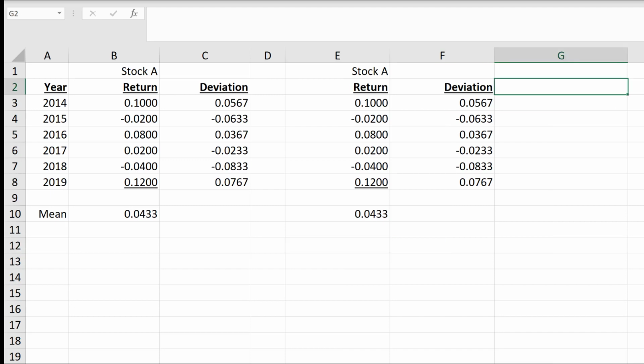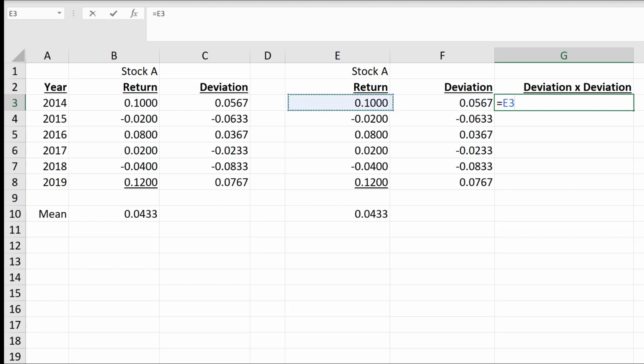All right, so for the variance, remember we need to square the deviations. Instead of literally squaring them, I'm going to say deviation times deviation. That cell is going to equal the first deviation times the second deviation.